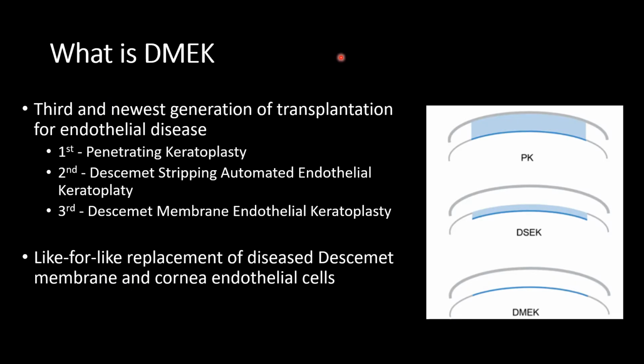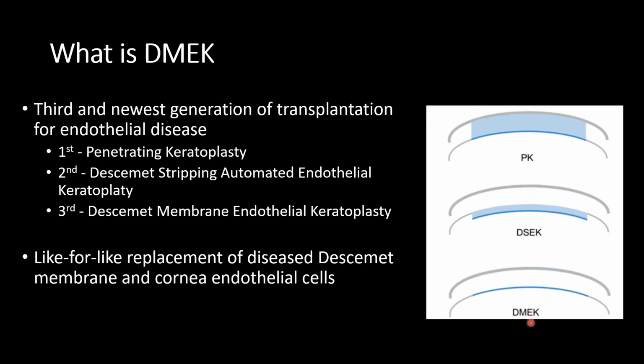Well, a DMEK, or Descemet's membrane endothelial keratoplasty, is the most modern form of corneal transplantation for the treatment of endothelial disease, as opposed to a penetrating keratoplasty or a Descemet's stripping endothelial keratoplasty.